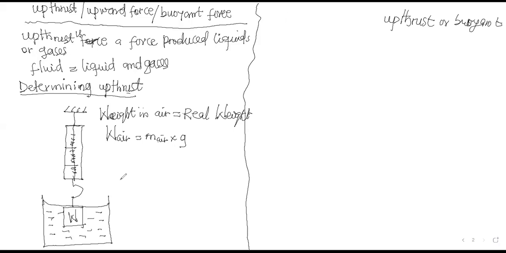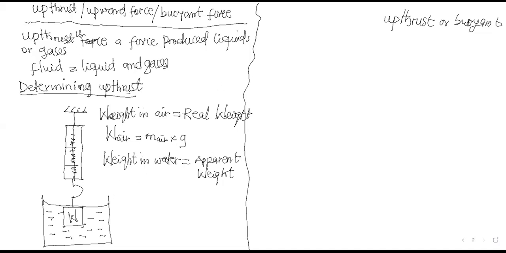So the weight of the object in water is also equal to the apparent weight. So apparent weight refers to the weight of the object whilst in water or in fluids.